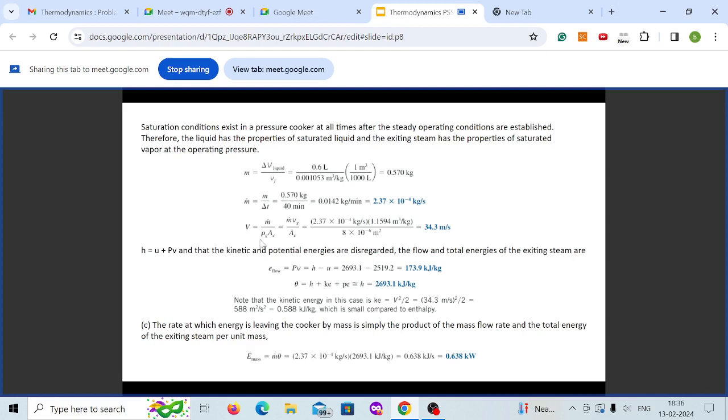The cross section area of the opening is 8 millimeter square, and we also know the mass flow rate. So velocity is m dot by rho A, and 1 by rho is nothing but specific volume. So you can write m dot into specific volume of saturated vapor divided by area of cross section. Substituting all the values, the velocity of the steam coming out is 34.3 meters per second.